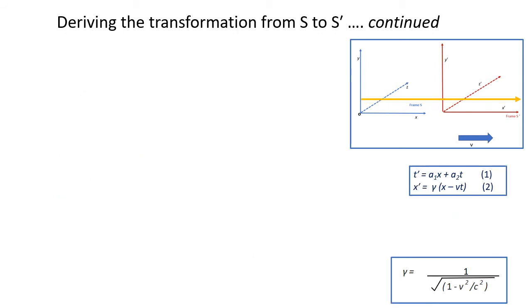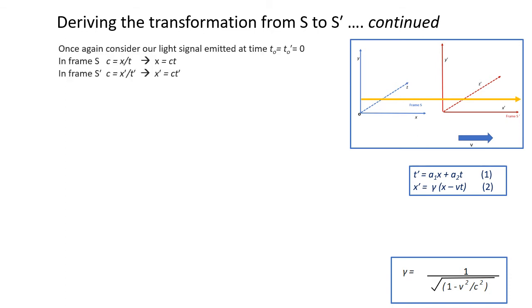Okay, let's once again consider our light signal. In frame S, x equals c times t, and in frame S', x' equals c times t'.